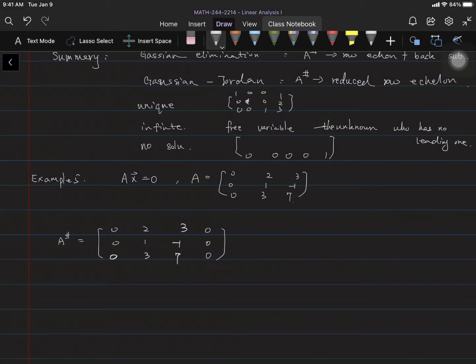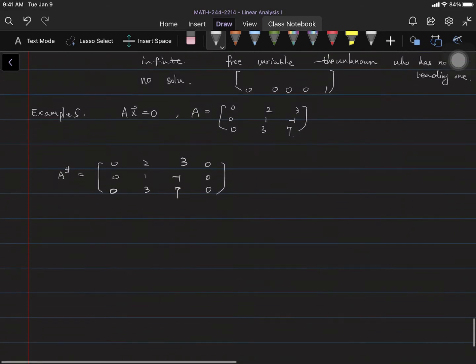0, 3, 7. Okay, it's pretty interesting because in the first column there's no leading one. That's okay, but we need all the leading ones, starting from the lower one, to be on the right side. So we want to change the second row into the first position. 2, 3, 0, 0, 3, 7, 0.